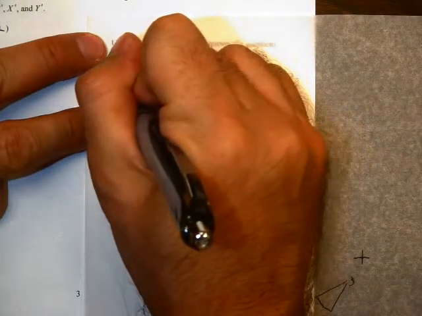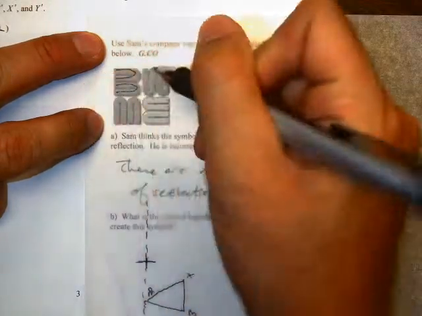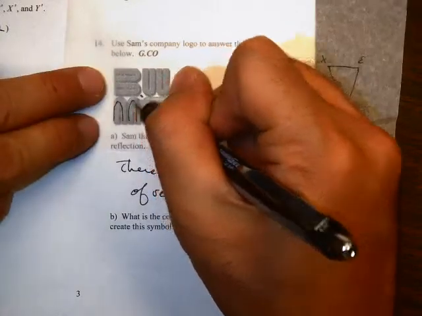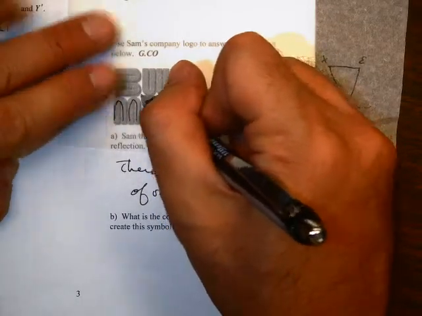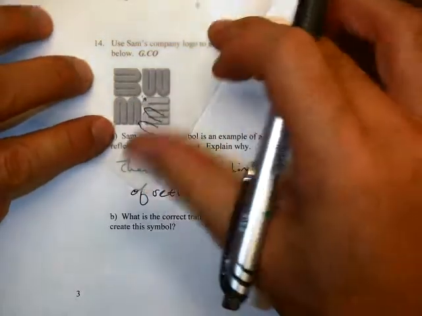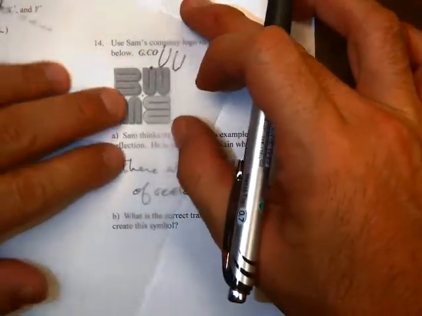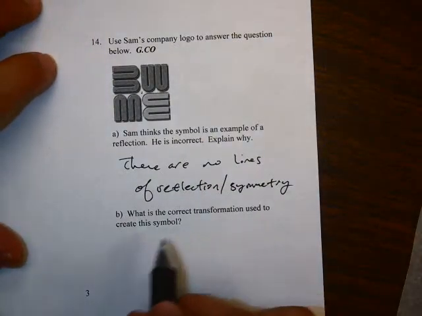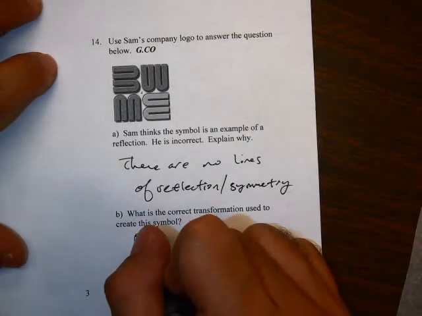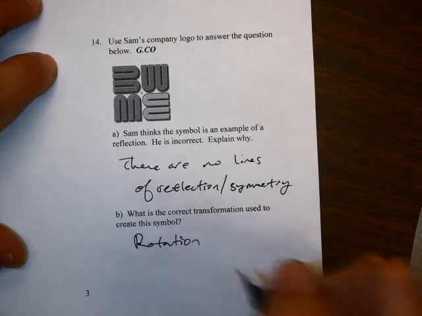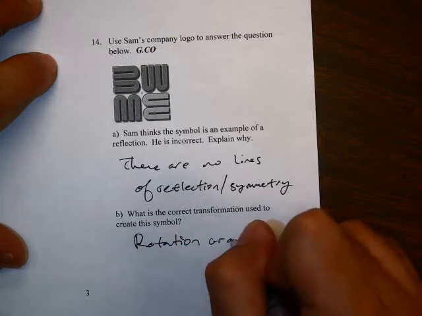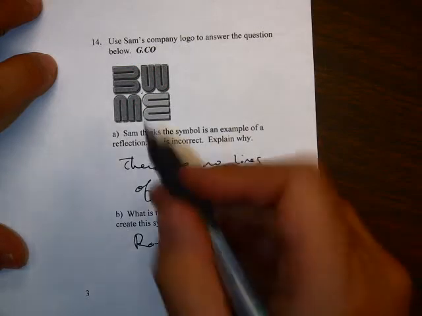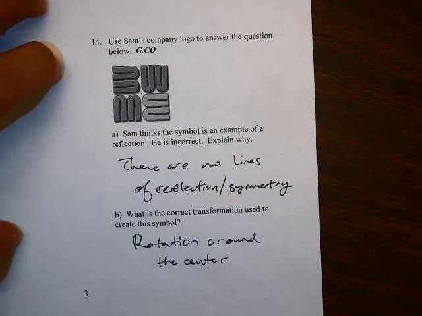However, if I do a quick sketch, it's got those two U shapes, and I do a rotation. See how now the U's are opening the same way? And I keep rotating around that point, and I keep going around. That's why rotation works. So what is the correct transformation used to create the symbol? Rotation. And I can just say around the center because there's no graph, so I wouldn't call it the origin. I use the center point to rotate around, so rotation works for that one.